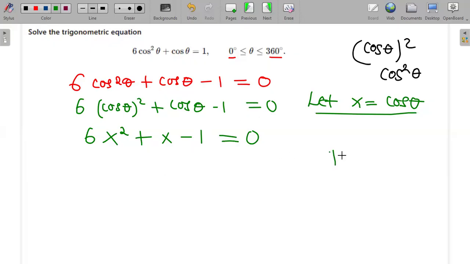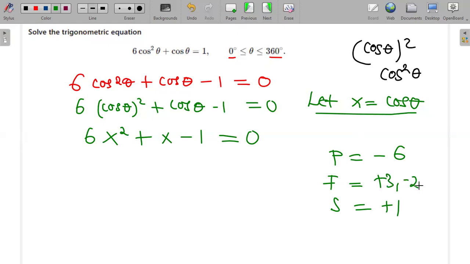So we're going to find my factors, my sum, and my product. The product is 6 multiplied by minus 1, which is minus 6. The sum is a positive 1. So what are the factors? The factors will be positive 3 and minus 2.